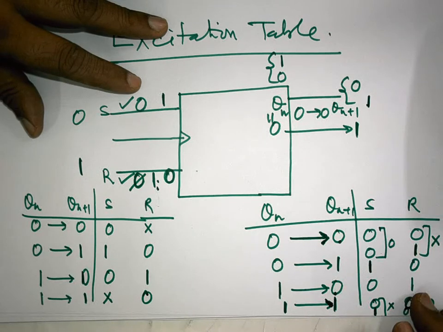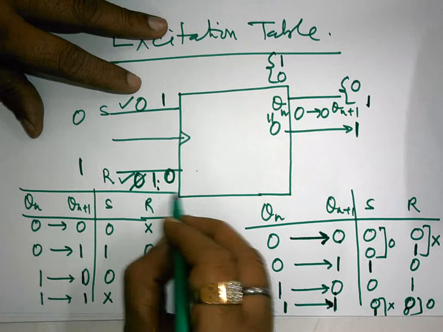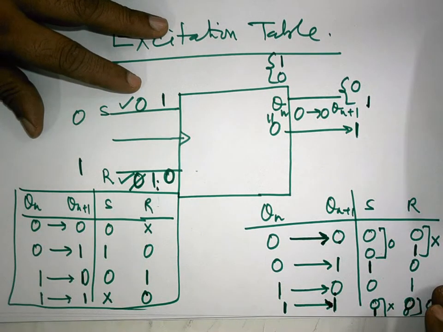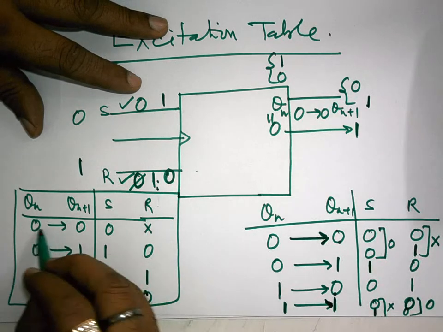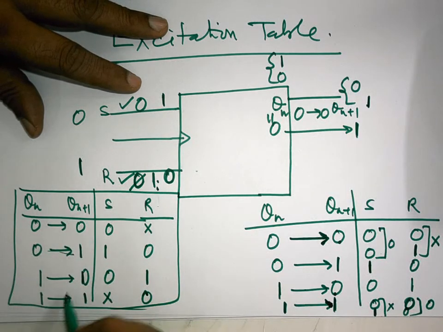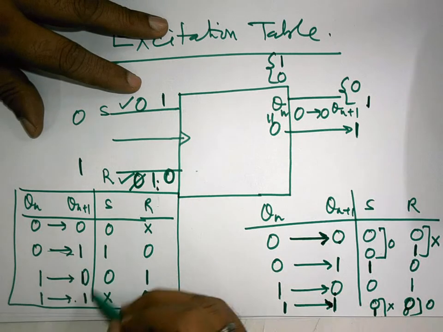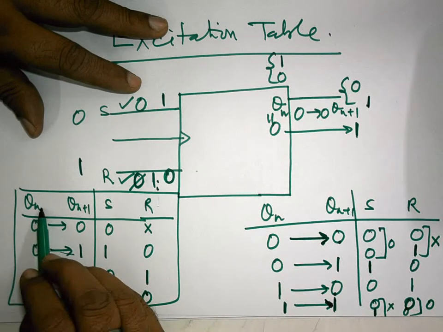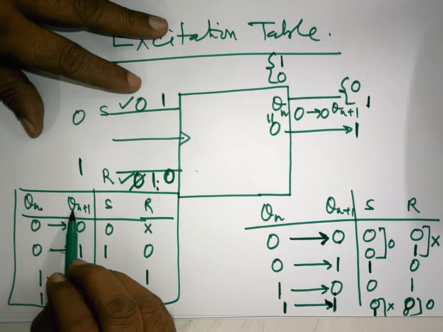Getting this thing? Now this table for SR flip-flop is known as the excitation table of the SR flip-flop. Why? Because we know the output transitions, and these are all the possible output transitions that Qn can take to become Qn plus 1.